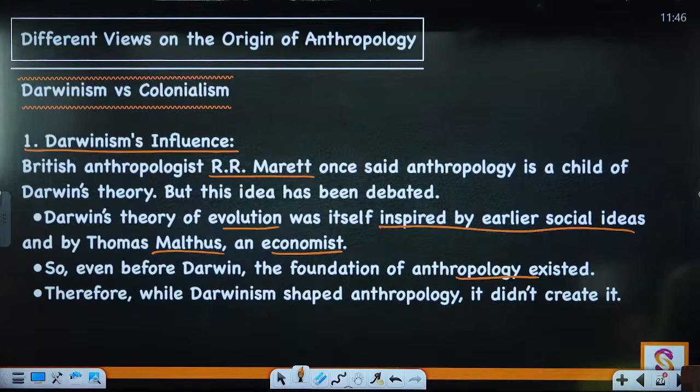Now write down the criticism of this view. Darwin's views were inspired from Thomas Malthus and his population theory.